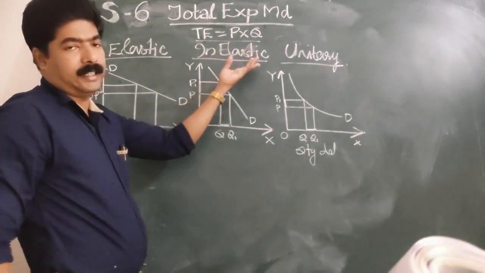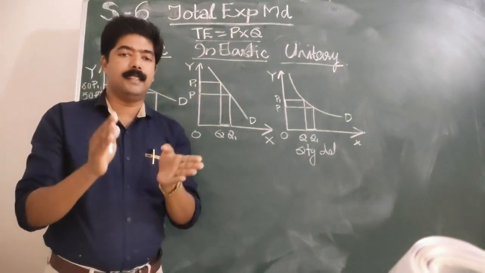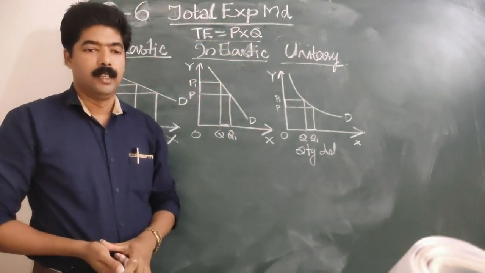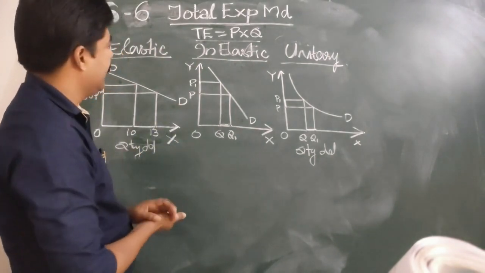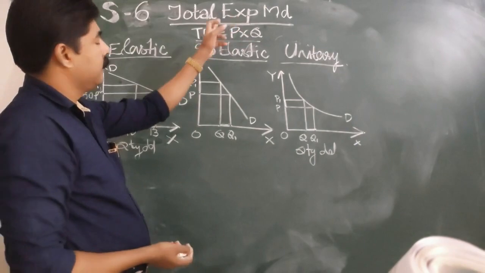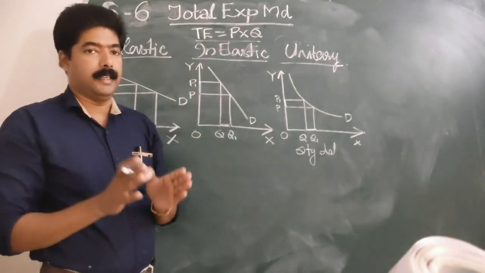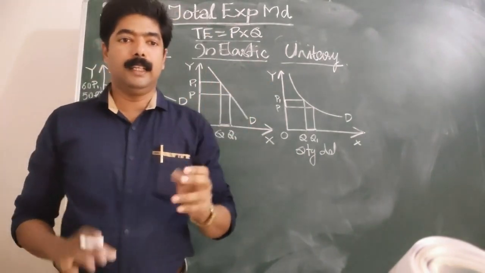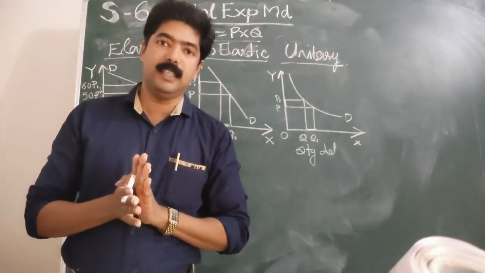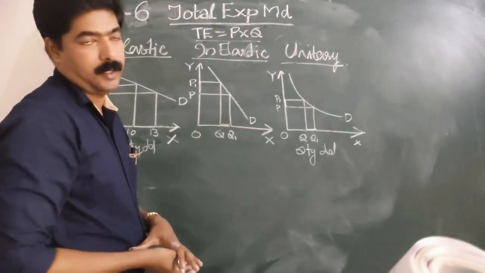all these three categories we can summarize in a single diagram. We can show total expenditure and price elasticity in a single diagram. That diagram must show the relationship between elasticity of demand and total expenditure.